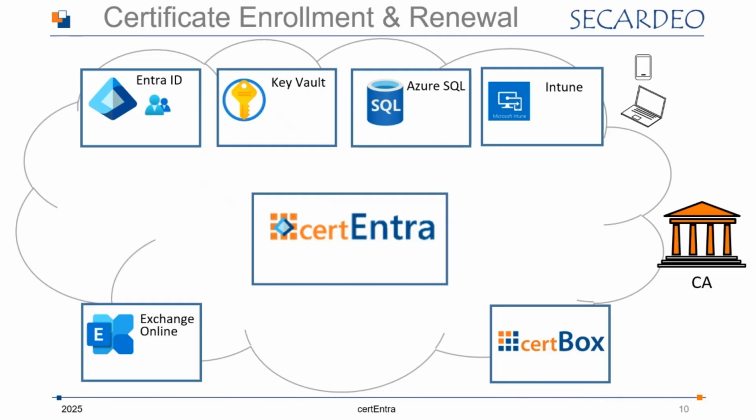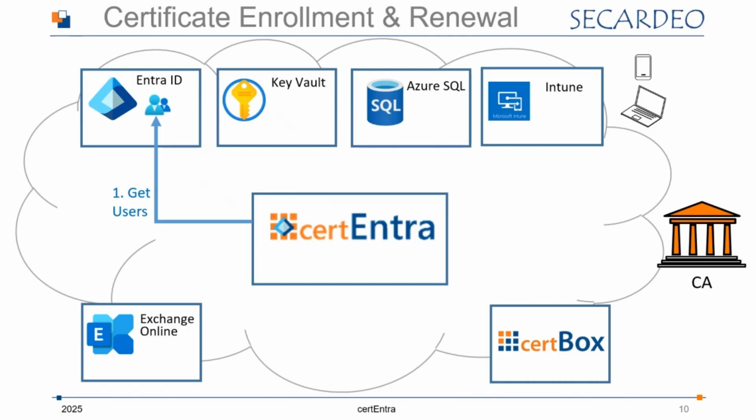So how does it work? In this picture, we have all the Azure services that are involved, and we have certEntra in the middle. When certEntra starts the auto-enrollment, it will get the users from an enrollment group in Entra ID.